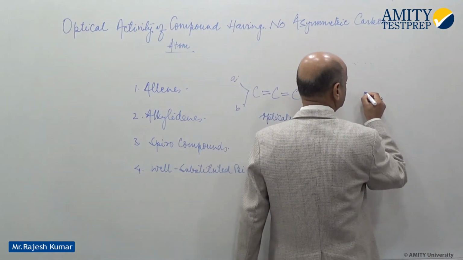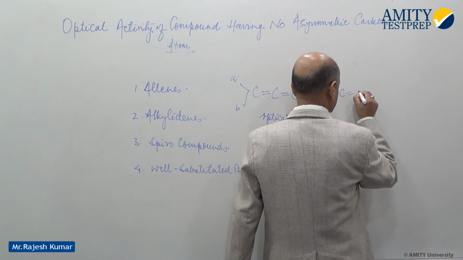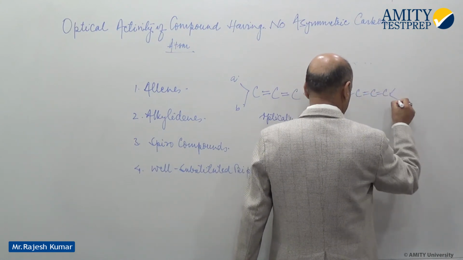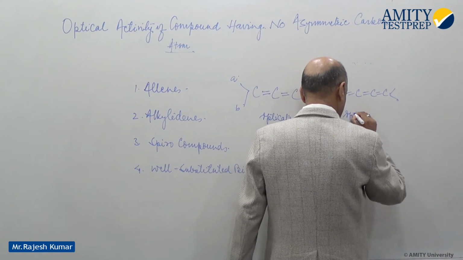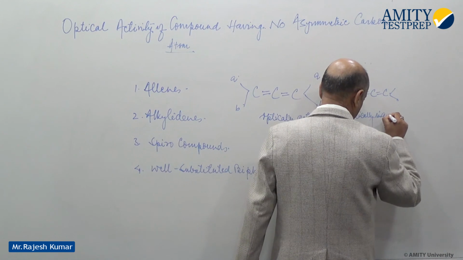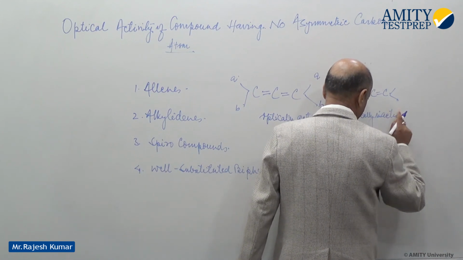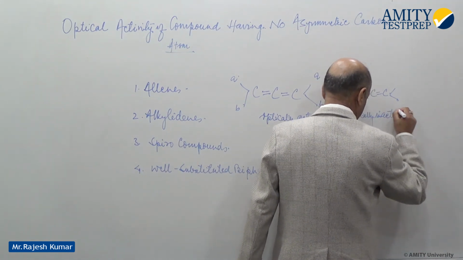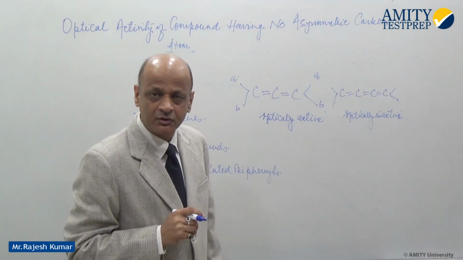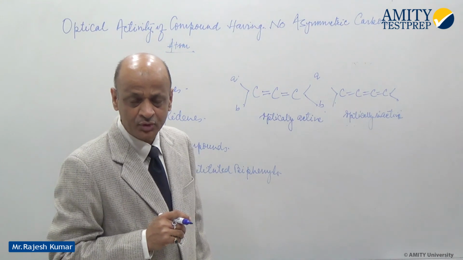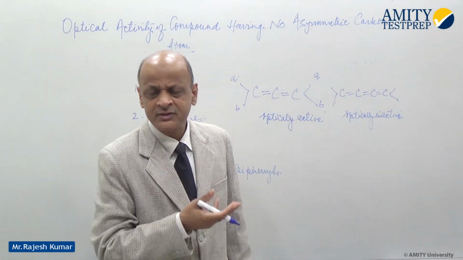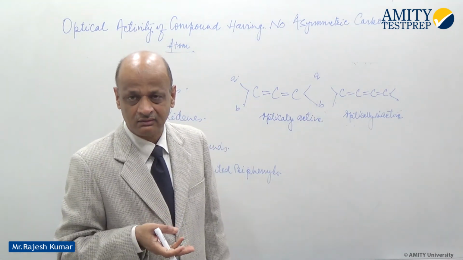But those alkenes which have an odd number of double bonds present in the molecule are optically inactive, because both terminal ends make the molecule symmetric in nature.